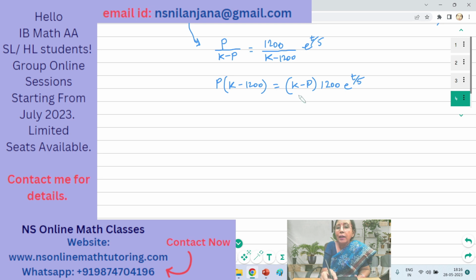And I have to actually expand the right hand side. So this will be equal to K times 1200, or I can write 1200 K e to the power of t over 5, minus P, or minus 1200 P e to the power of t over 5.